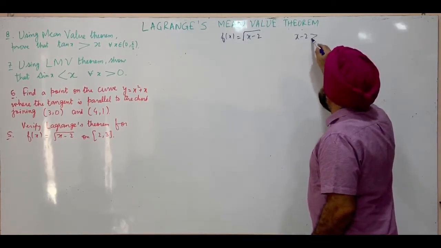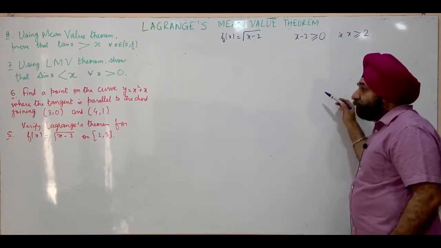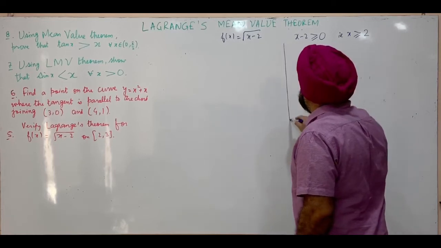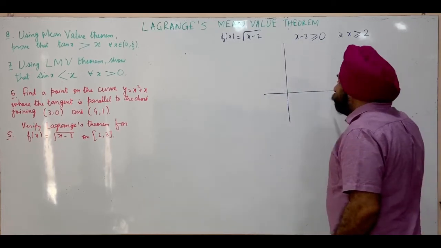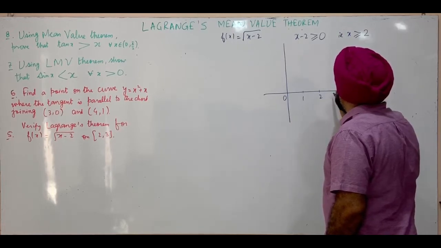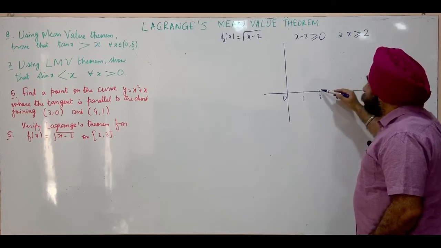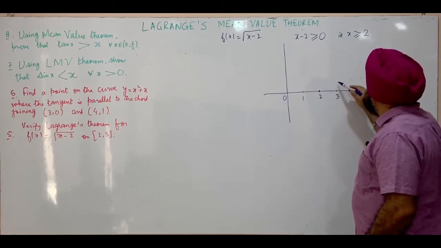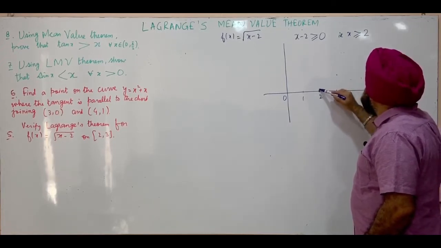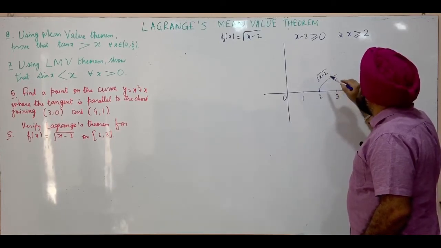It's x minus 2 greater than or equal to 0, that's x greater than or equal to 2. So we can plot the graph of this function. This is 0, 1, this is 2, and this is 3. At 2 the value is 0, at 3 it's 1, and this is like a square root function. This is square root of x minus 2.